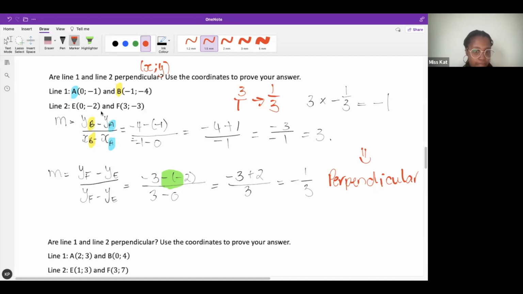I think it's supposed to be x, ma'am. Oh, yes, it is. Beautiful for spotting it. Did I use the correct coordinates though? Let's see. X of f is 3 and x of e is 0. Luckily, I used the correct coordinates. Thank you, Slindile.